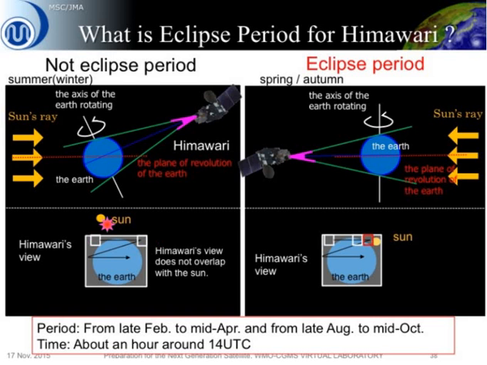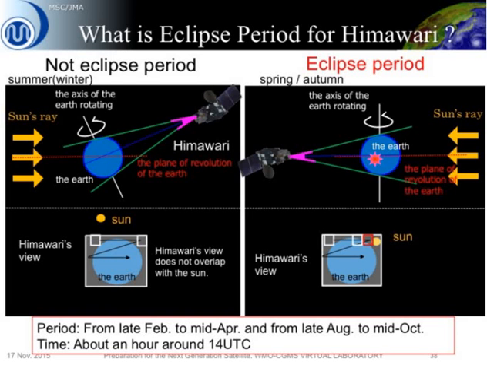Contrary, when it is spring and autumn, it is an eclipse period. The satellite, the sun, and the earth are located on a straight line at midnight like the left figure. In this case, the sun enters the AHI field of view and there is a risk of sunlight directly entering the AHI optical system.